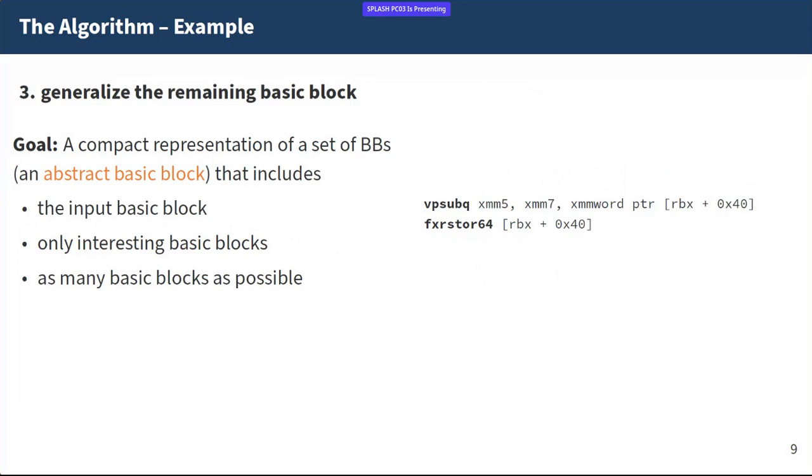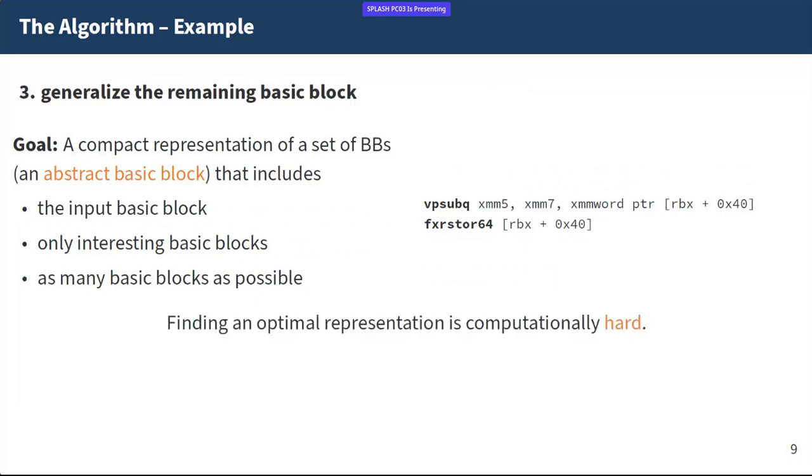On the one hand, we want to still include the input basic block, obviously, but also similar basic blocks as long as they're interesting as well, so as long as they still cause inconsistencies or cause crashes or the like. We want these representations to be as large as possible so that the results that we find are as general as possible.